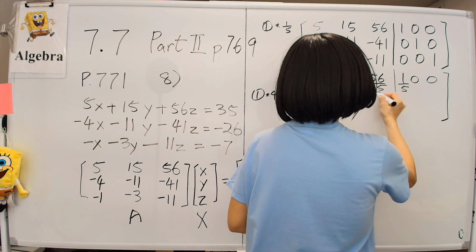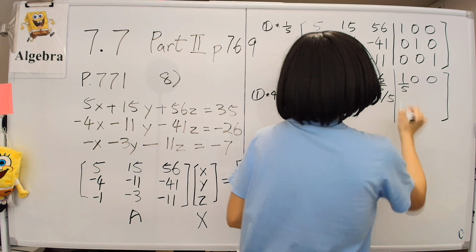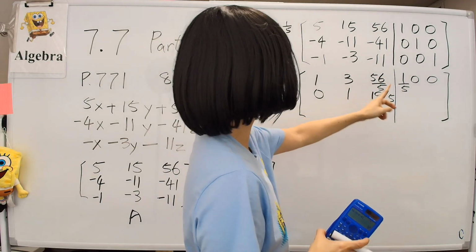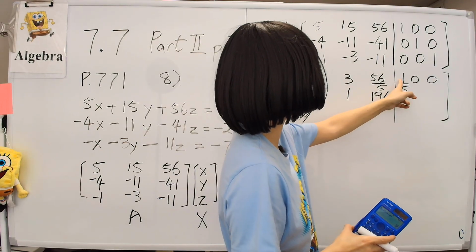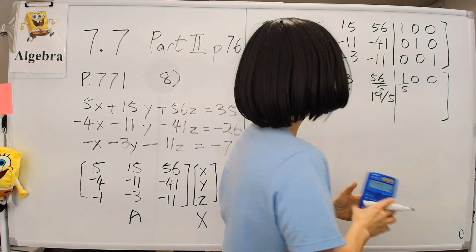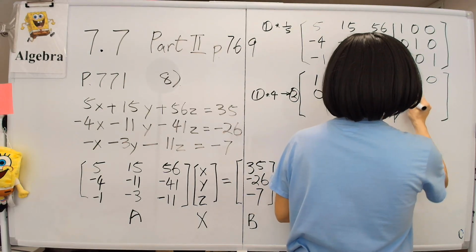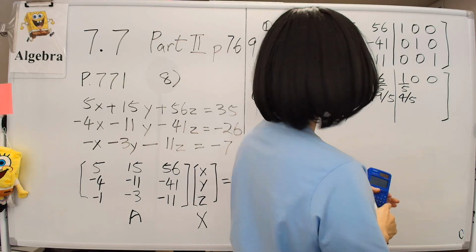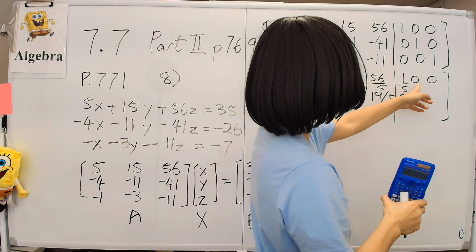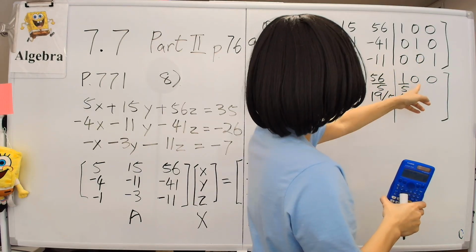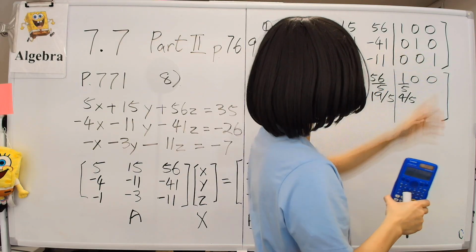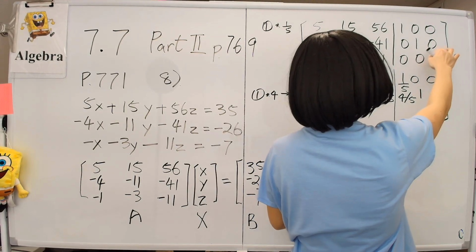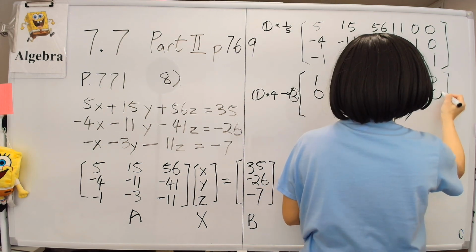So it's 19 divided by 5. And then continuing, this row 1 has to be multiplied by 4 and added to here. So that will be 4/5, because that's just a 0. Next, this thing multiplied by 4, and that's nothing, then added to row 2, that number would be just 1. And finally, this multiplied and added is just 0, because they are both 0.